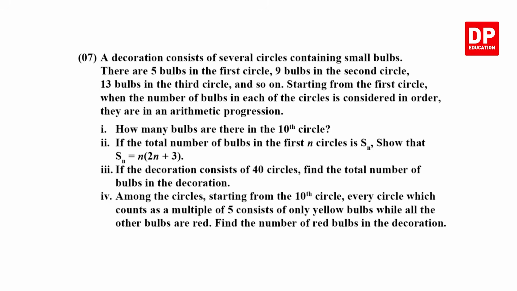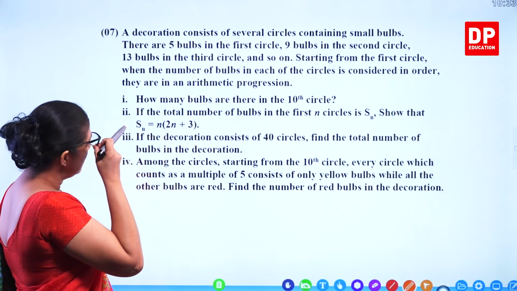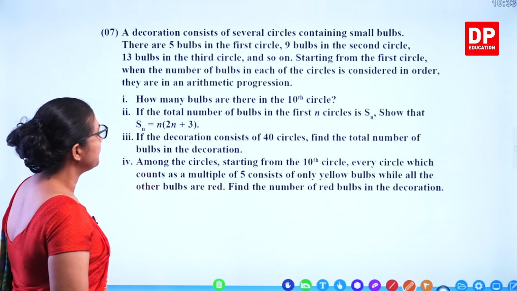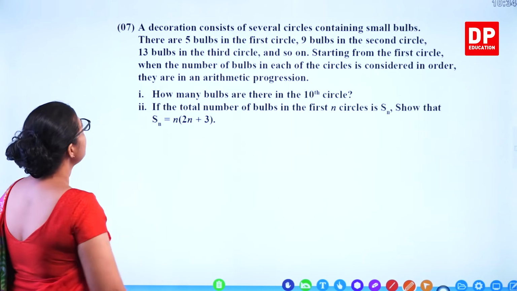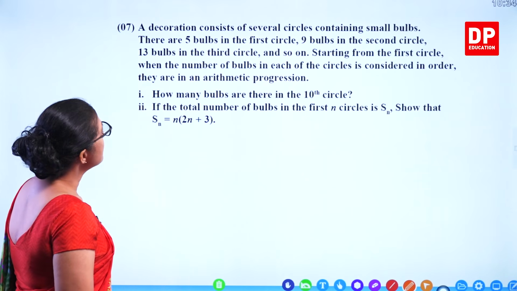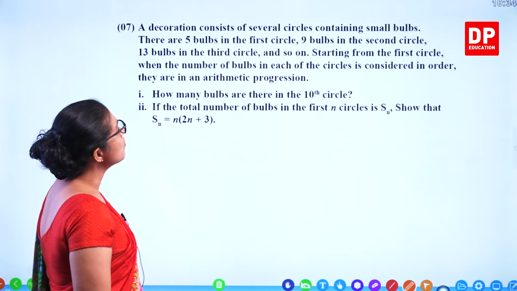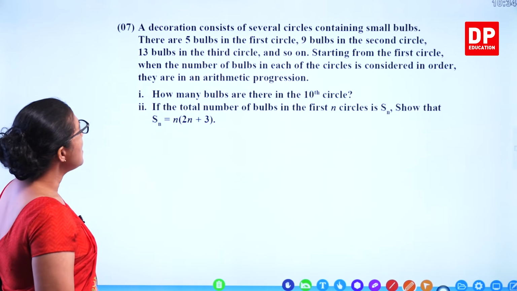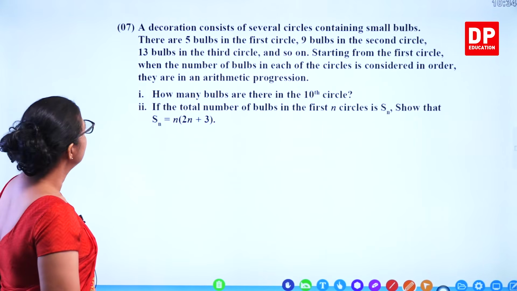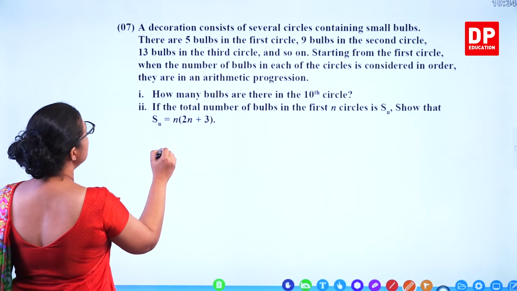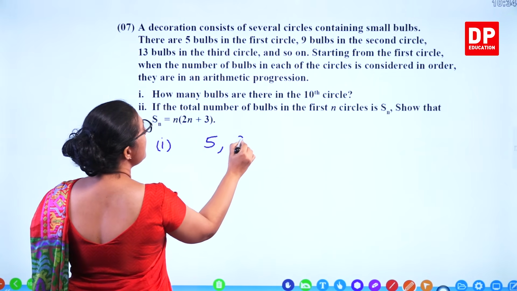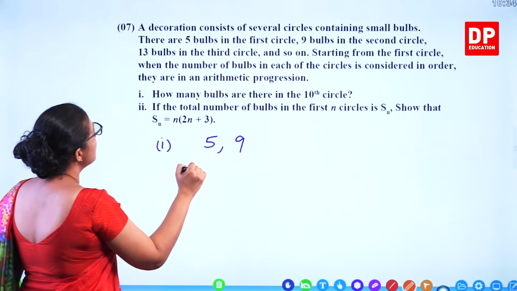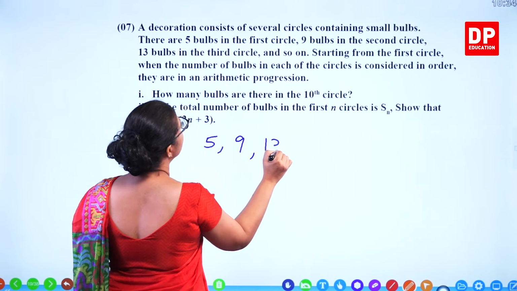Now you can do question number 7. That's about progression, arithmetic progression. So you get 4 parts for this question. A decoration consists of several circles containing small bulbs. There are 5 bulbs in the first circle, 9 bulbs in the second circle, 13 bulbs in the third one, and so on.